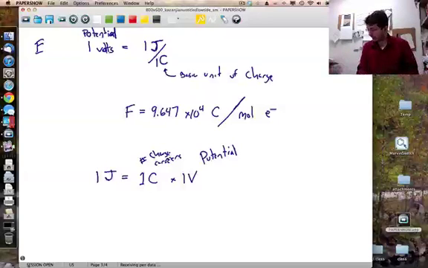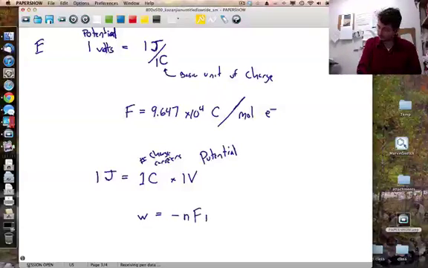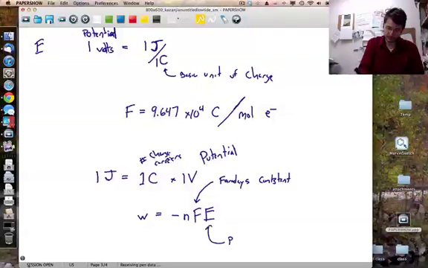Now it turns out that the work that can be done is equal to negative nFE, where F is again Faraday's constant, E is the potential, and n happens to be the moles of electrons transferred.